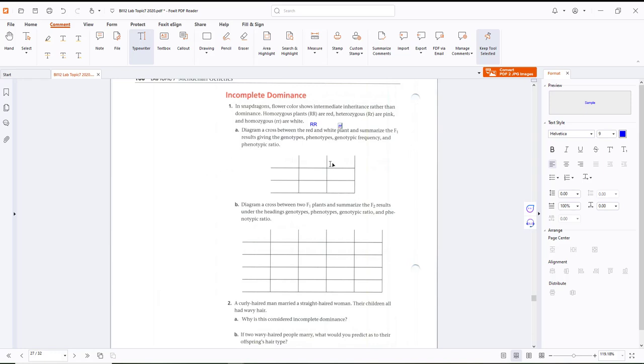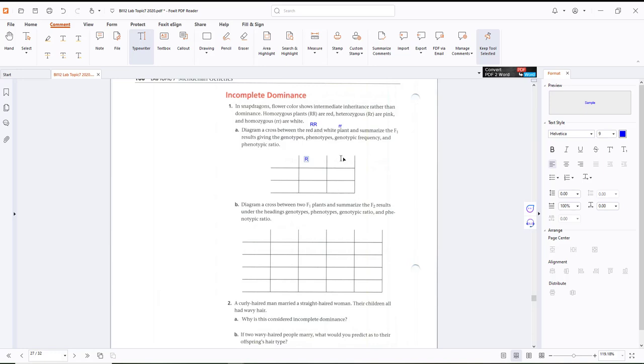Now remember from our lecture, you could do the superscripts if you want, or instead of the R's and the little r's, you could do like W for white. It's up to you. It gave me the R's and the little r's, so I'm just going to stick with the big R's and little r's.